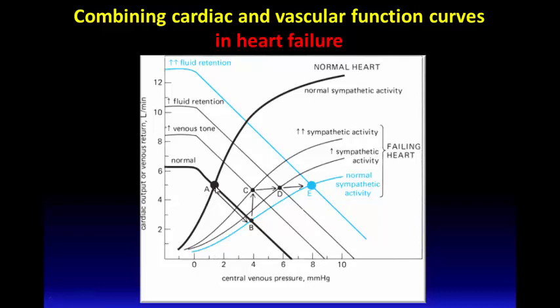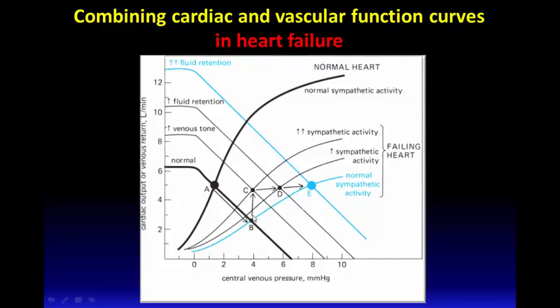When the heart fails, the cardiac function curve shifts down and to the right. So this blue curve is the cardiac function curve of the failing heart with normal sympathetic stimulation.